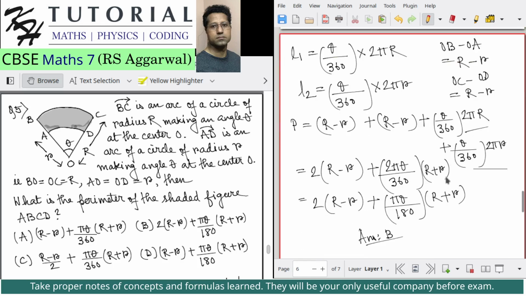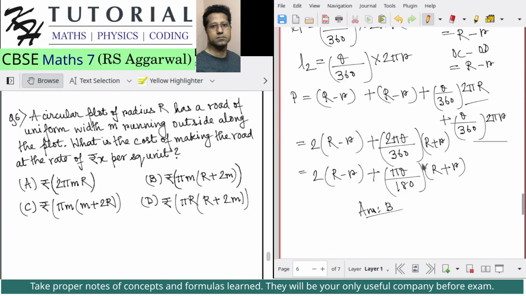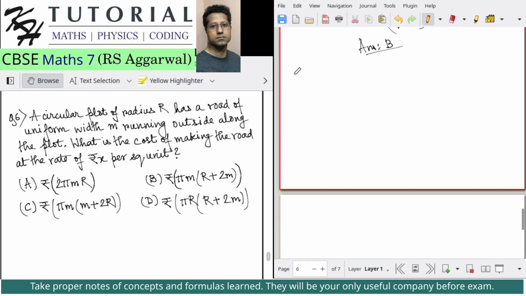Okay, let's do the last problem, question number 6. A circular plot of radius R has a road of uniform width m running outside along the plot. So there is a circular plot.